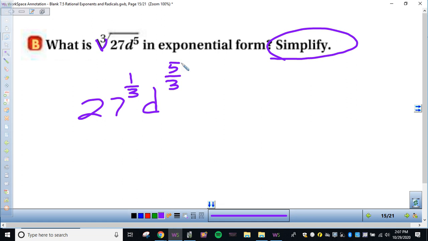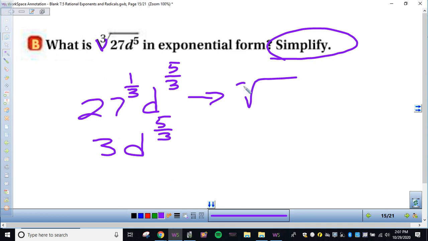Okay, I was thinking about that, but. Yeah, that's why I think it's easier if you write them separate. So instead of doing that, write it like that, cube root of 27. You have to solve it. Yeah, because you have to solve the cube root of 27, that's why.